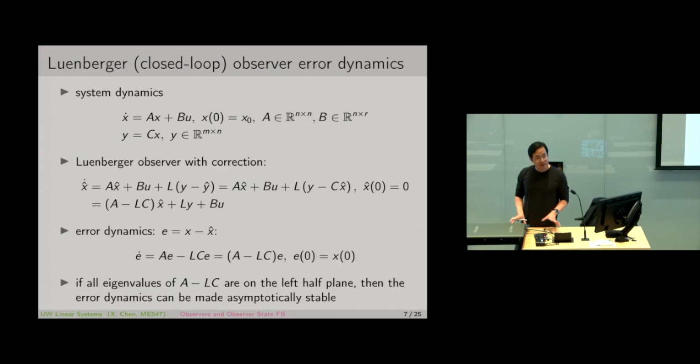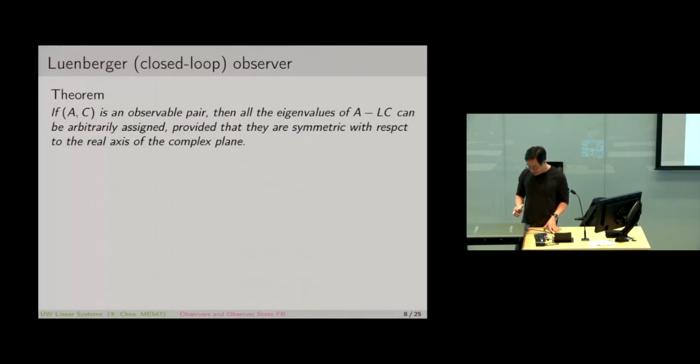That's quite nice. Now there's something more actually about it. If (A, C) is in the observer canonical form, or in general, as long as they are an observable pair, they construct a full rank n observability matrix, then we can place all the eigenvalues of A minus LC arbitrarily.